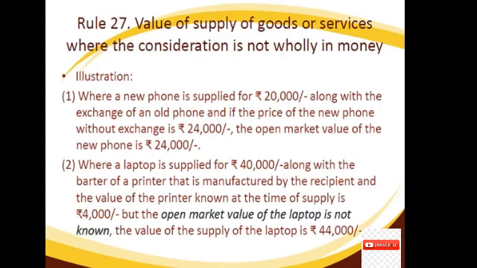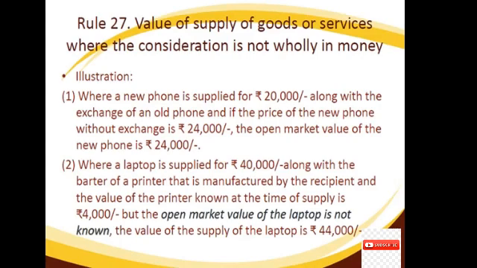Because when you were purchasing a new phone, you returned your old phone, and the value of that old phone was not available in the question, but the price of the new phone without exchange was available, which was rupees 24,000. So this is the open market value. So you will take the open market value as the value of consideration.